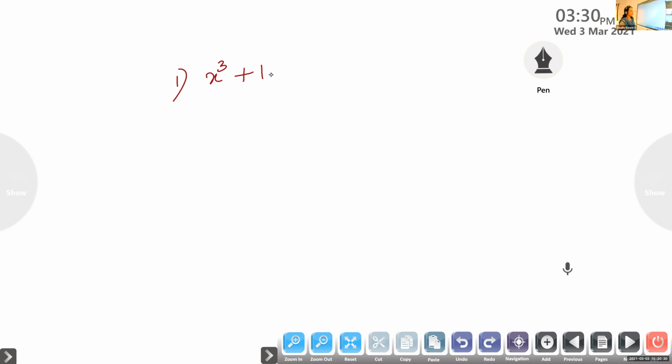What is the minimum value? Aparna, can you try the answer? What is the maximum value and what is the minimum value of this one?